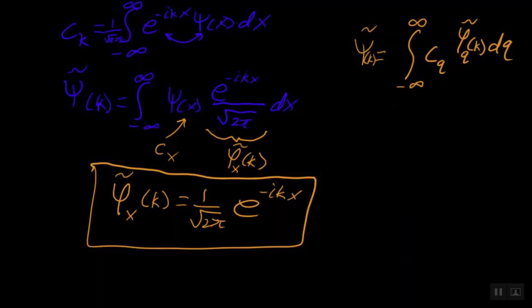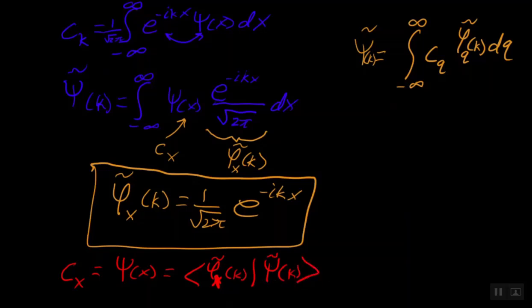And now we can show that c x, which is the same as psi of x, has to be the inner product of phi tilde sub x of k times psi tilde of k.